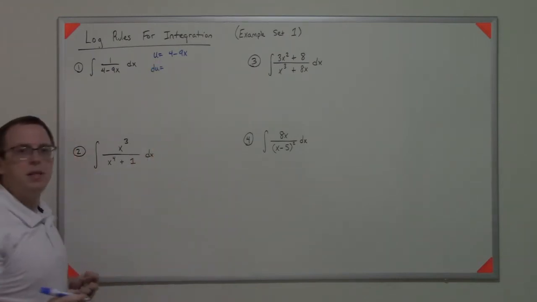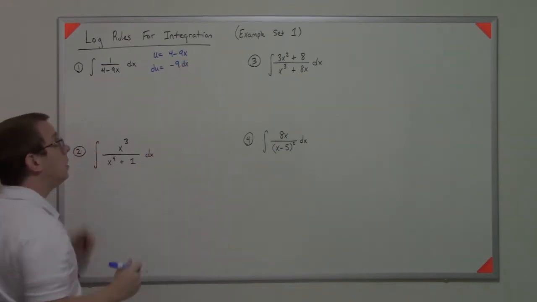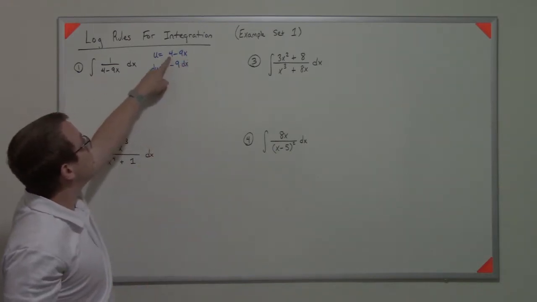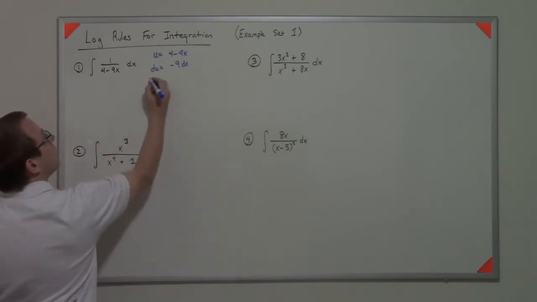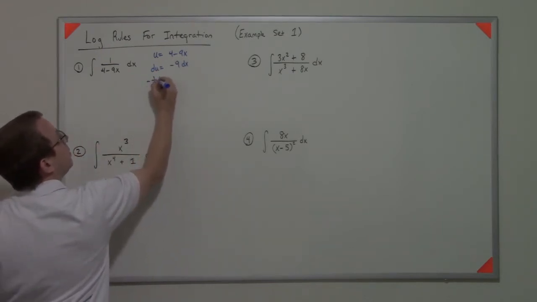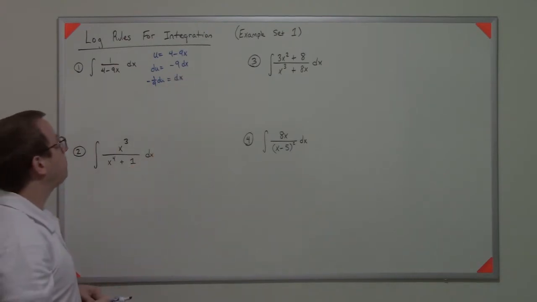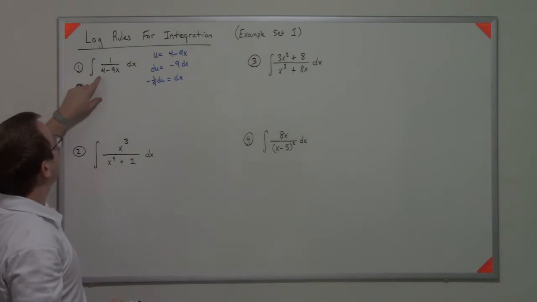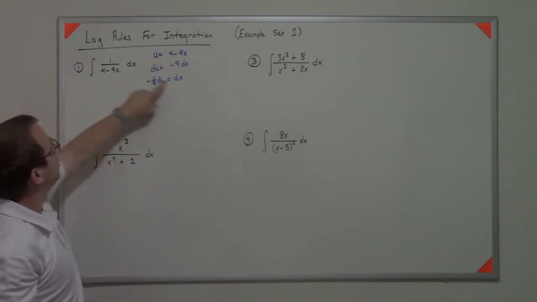So that tells me that du is negative 9 dx, because we'll take a derivative, that'll go to 0. The derivative of negative 9x is negative 9. Which tells me that negative 1/9 du equals dx.